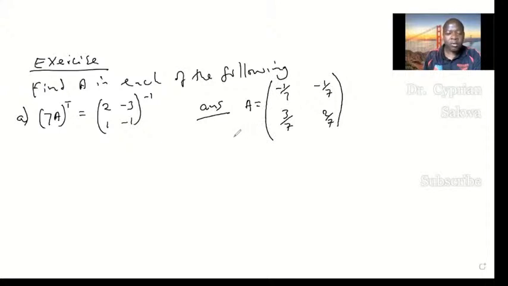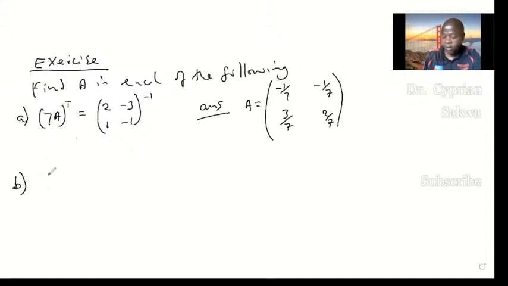Now, as we always do, if you're not getting the answer, you can write in the comment section, and if you got a different answer, maybe I can advise you on what to do. And again, if you have any comments that you want to make, you can still make them in the comment section.